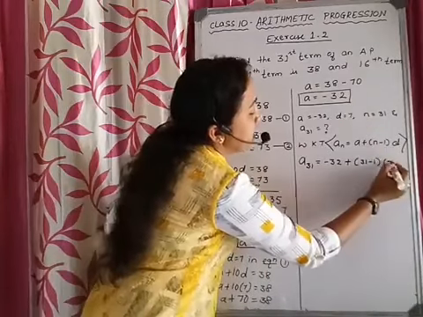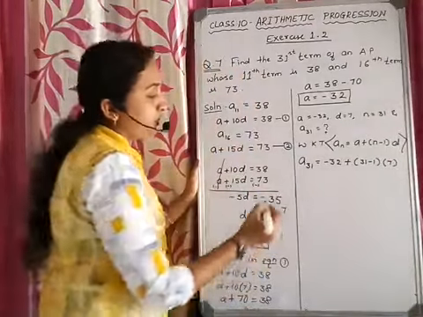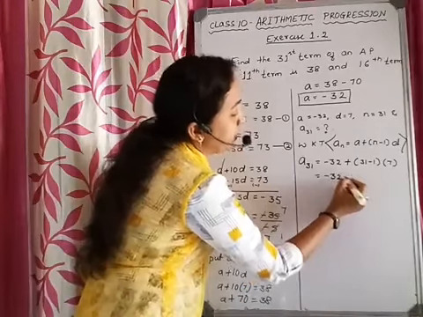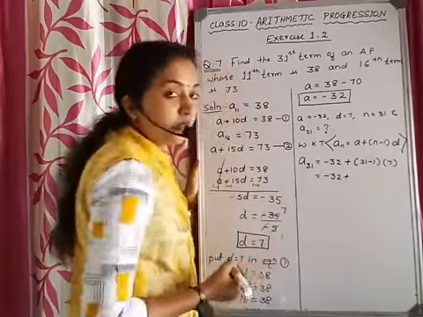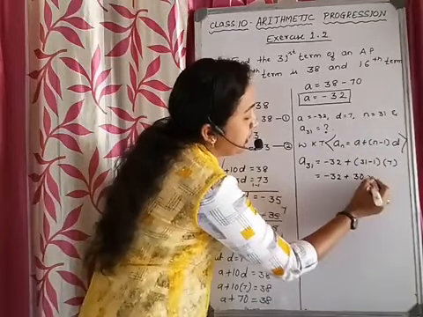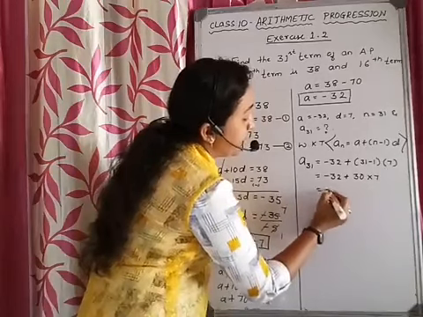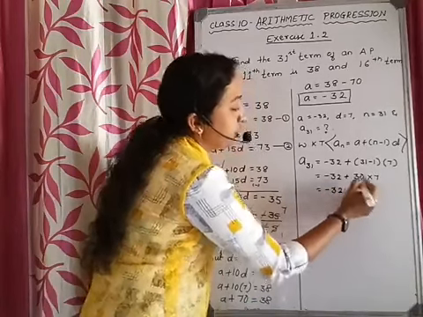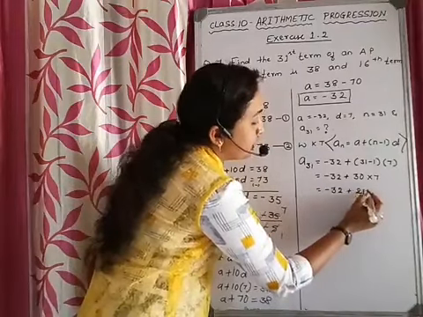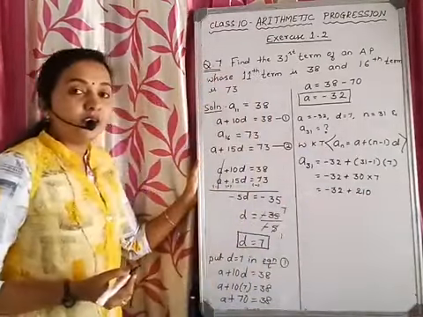D is 7. Right. So minus 32 plus 31 minus 1 is 30 into 7. So minus 32 plus 7 thirties are 210. Is it right children?